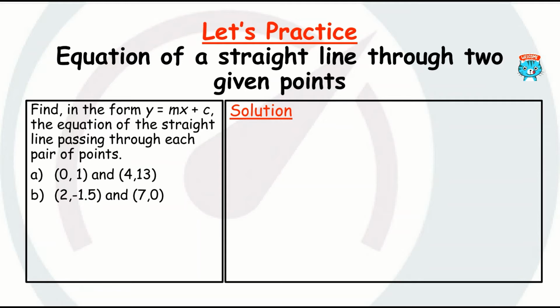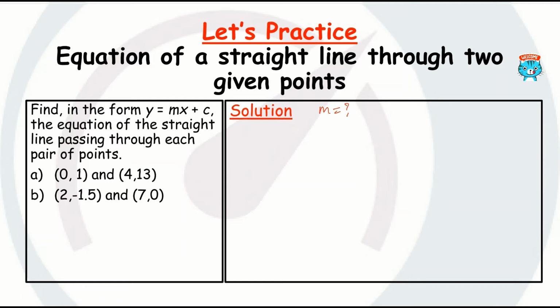Hence, we know we want it in the form y equal mx plus c. So we need to find our gradient. We have points on the line, so we can find our gradient and use any point on the line. So read the question keenly.